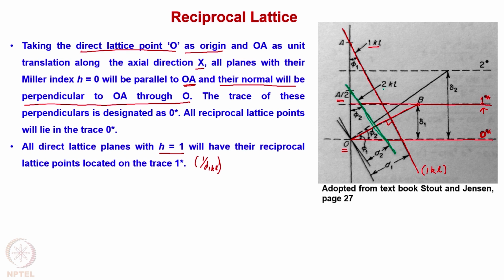It is a 2KL plane. So the normal from the direct lattice origin O to that is terminated at one place, which once again falls on the line marked as 2 star.